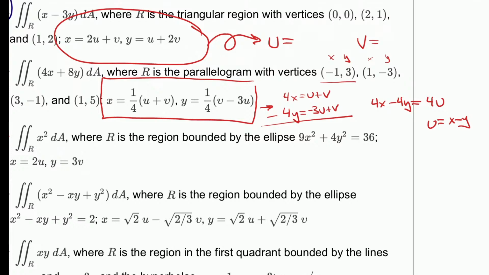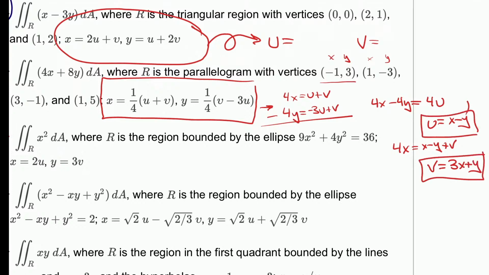I'll plug it into the first one. 4x is equal to x minus y plus v, so v must equal 3x plus y. So there is my transformation, and that allows me to transform each one of those.